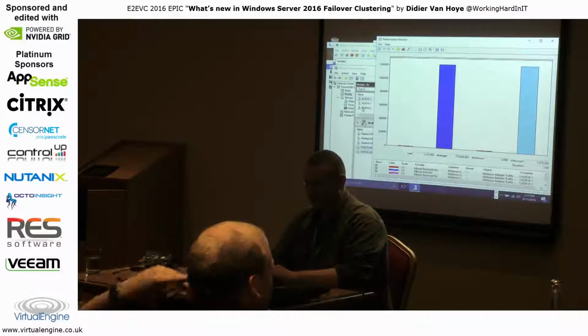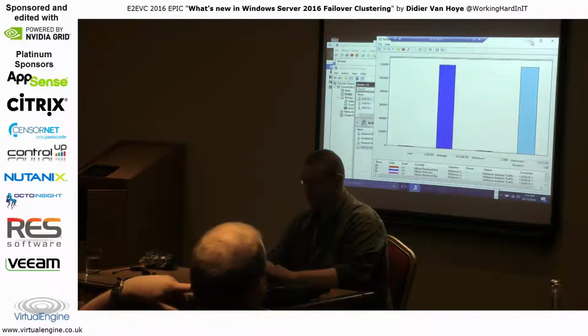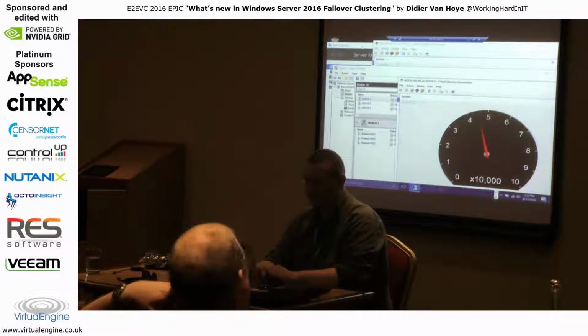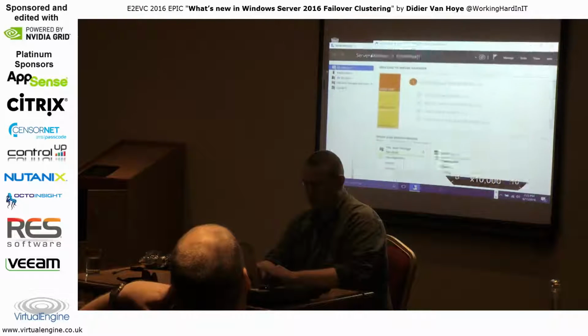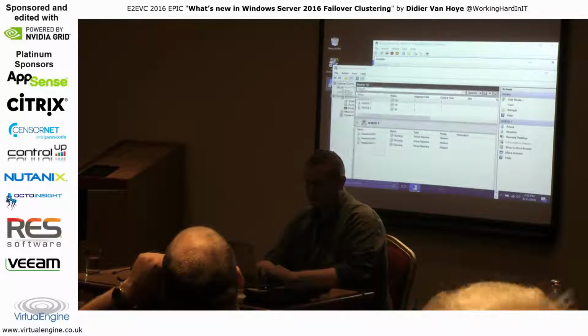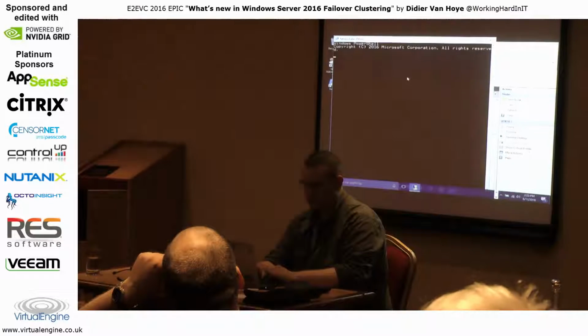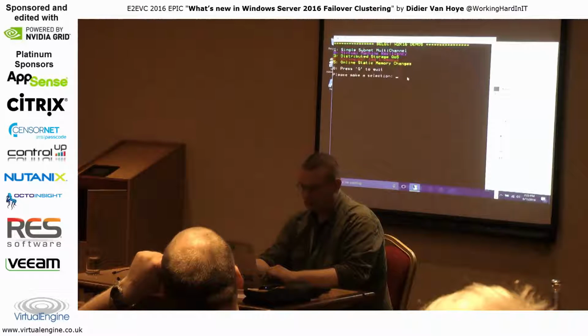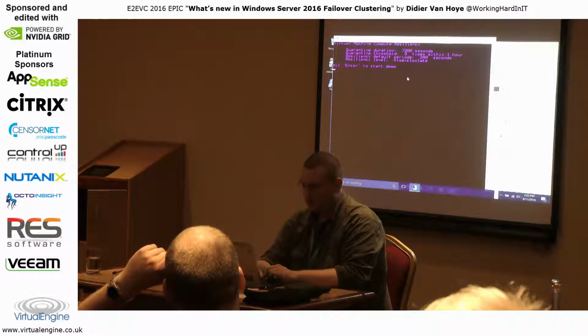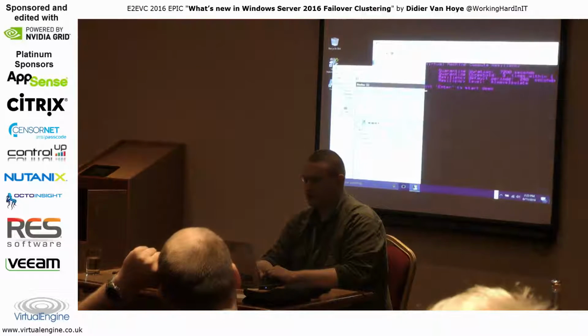So the other thing we thought was pretty cool to do was the virtual machine compute resiliency, and we'll try to demonstrate this. So let's kick off a little script. So basically what we're going to do is we are going to mess with our cluster.